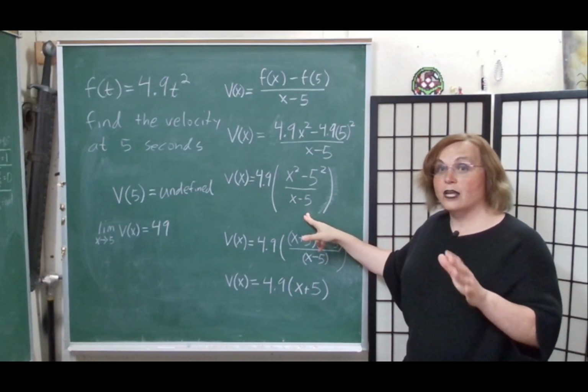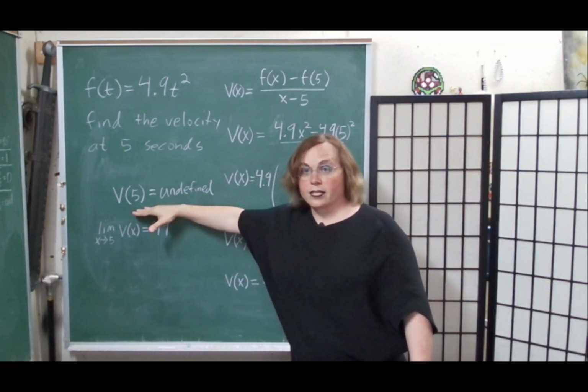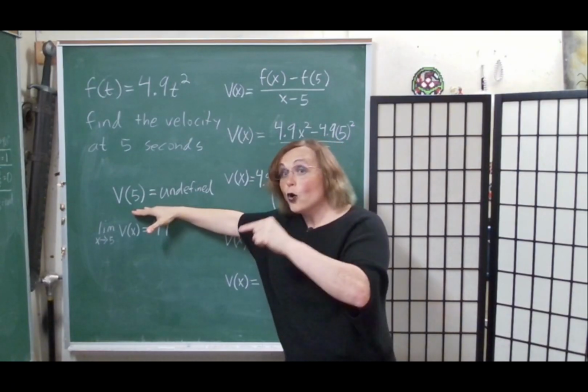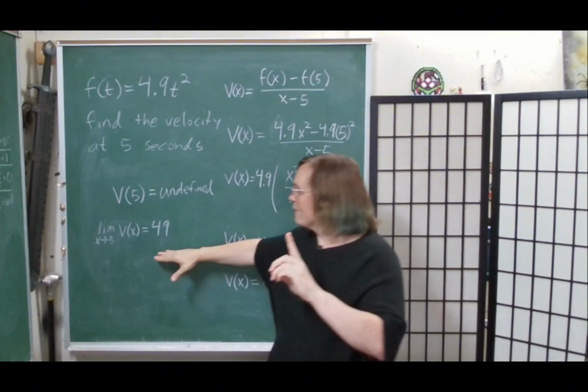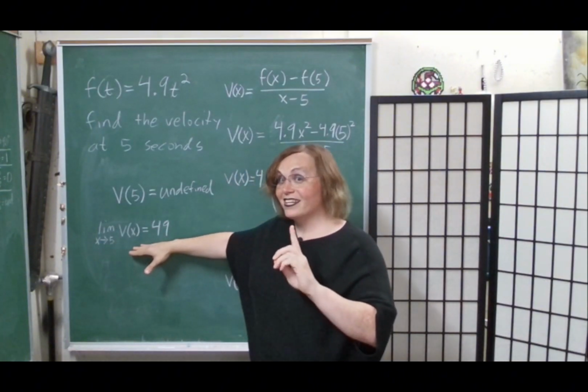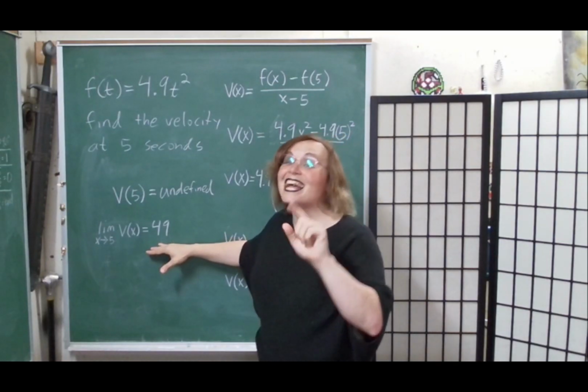We can't just get rid of it. So if we take the function and we plug in 5, we're undefined. But if we sneak up on it, no, we're good because we didn't actually get there.